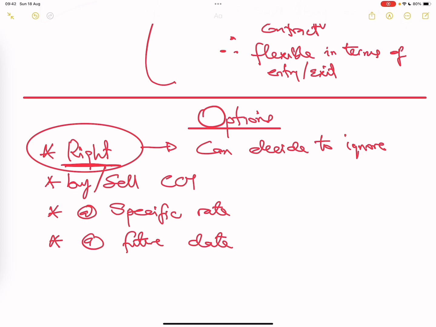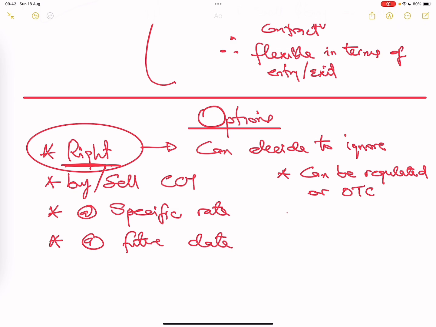I'll just leave it. That is the difference. And it can be like a feature of forward, which means it can be regulated or over the counter. So this can be regulated just like future, or it can be over the counter like forward.